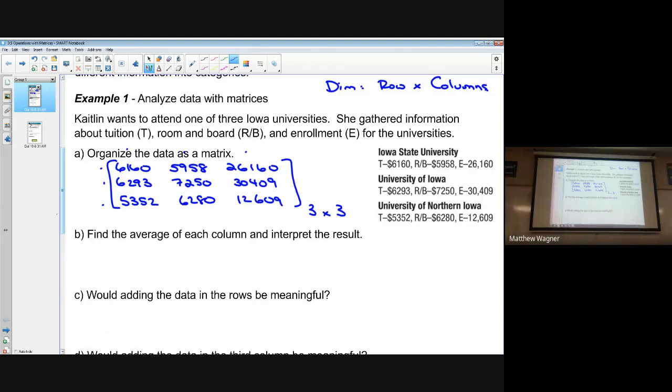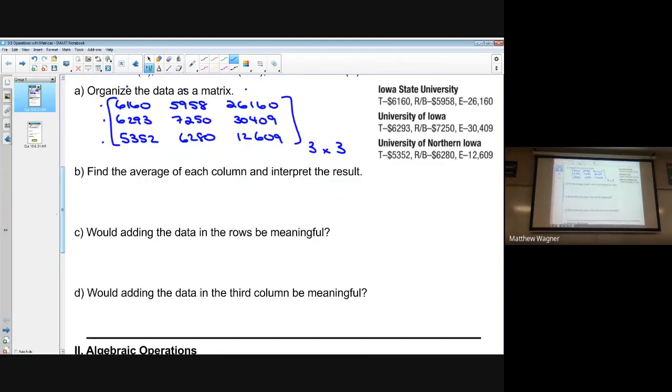It says find the average of each column and interpret the result. Well, in this situation, I can do this quick. If we add these 3 up and find the average of our column, add them up, divide by 3, we're going to wind up with 5,935. And it says interpret the result. Since the first column is all tuition, this one would be average tuition.